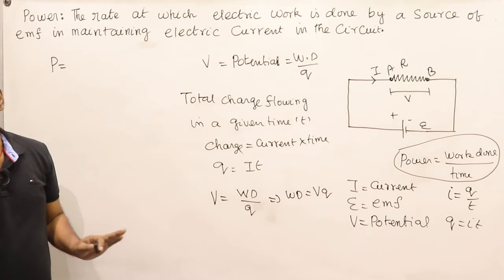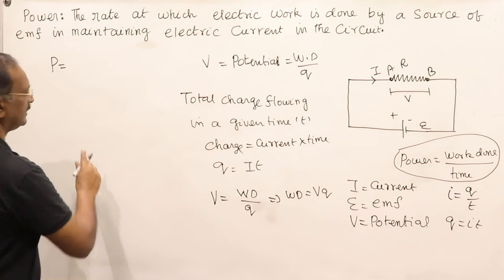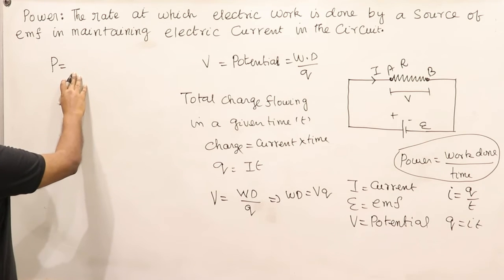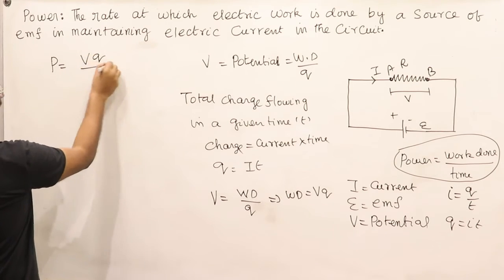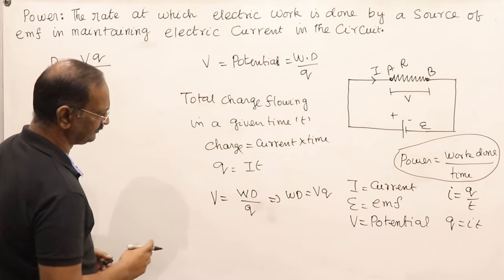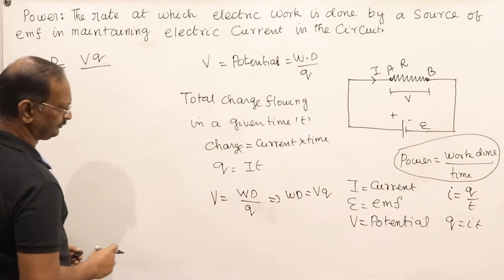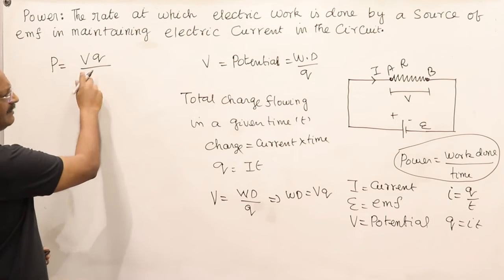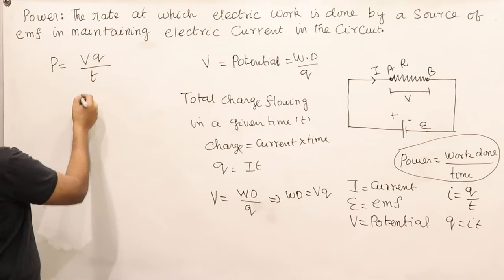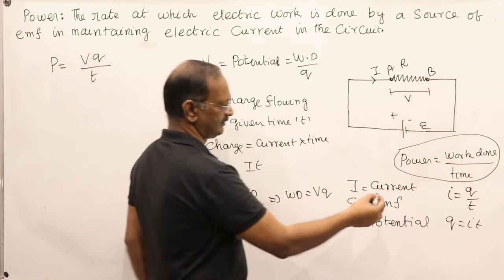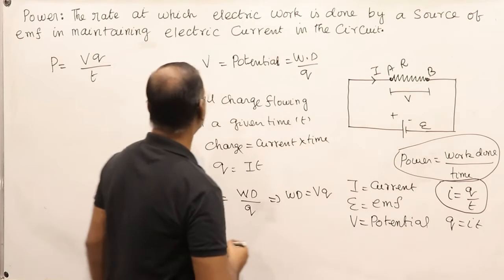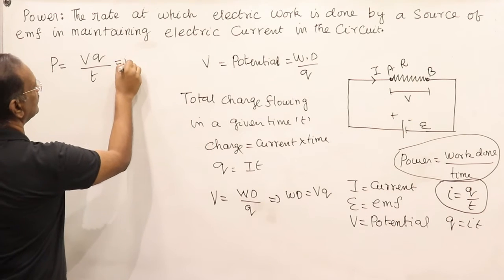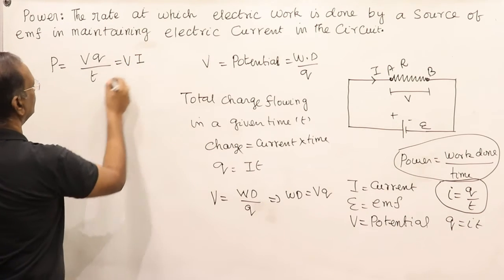So power is equal to V into Q by t. We know Q by t, the charge flowing in a given time, is equal to current. So power can be written as potential difference into I.